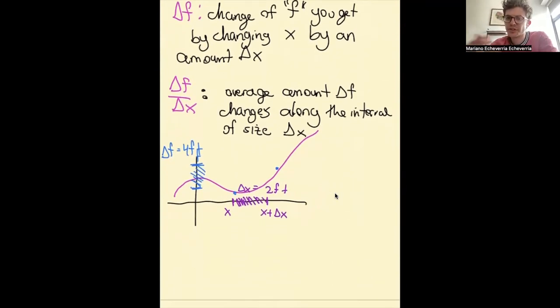Then the average amount that delta f changes, or the rate at which delta f changes, would be equal to 2.